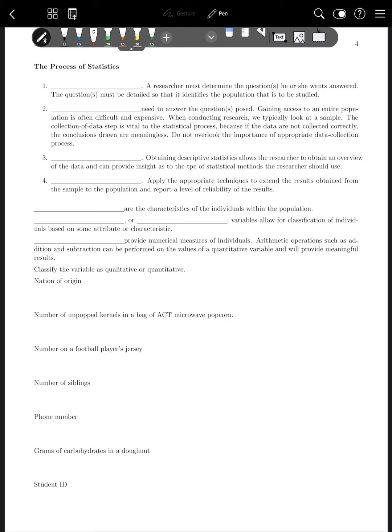Now what we want to talk about is a little bit more about the process of statistics. When we want to talk about the process of statistics, there's a few different steps we want to take.